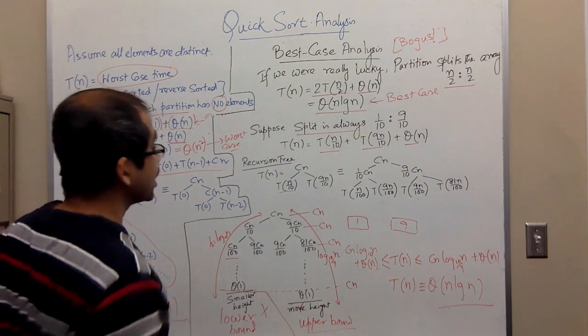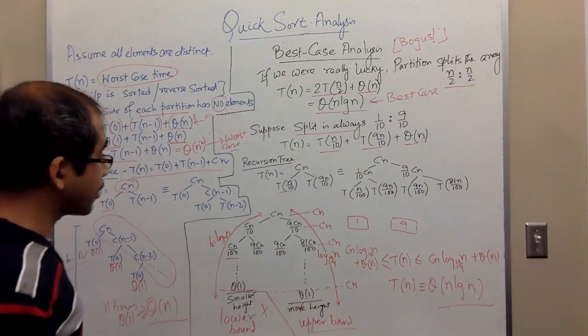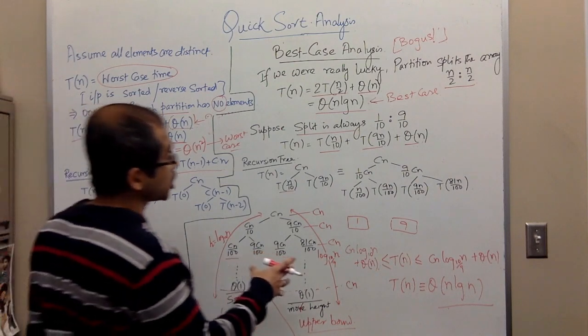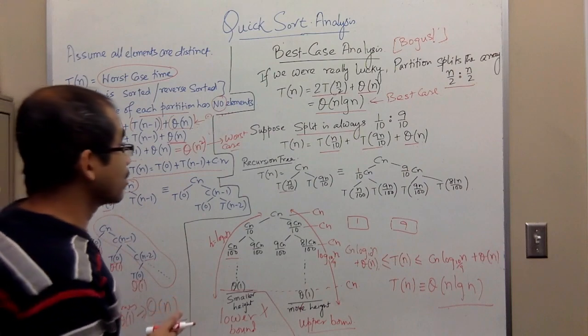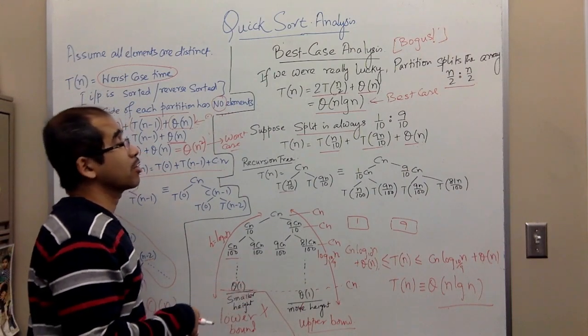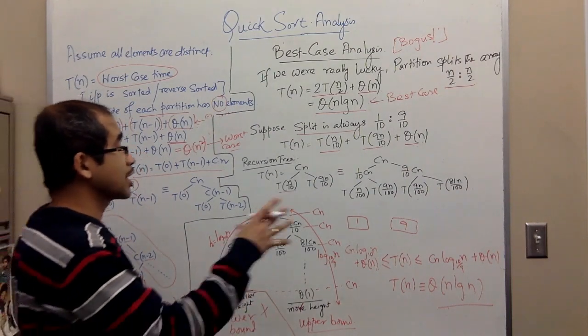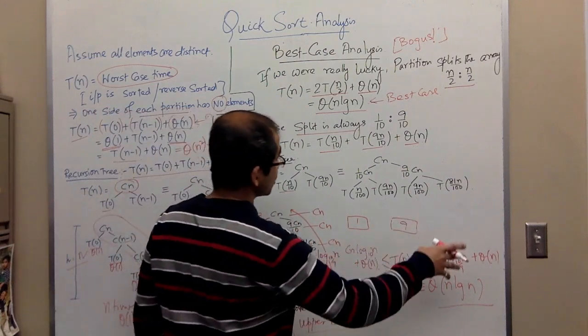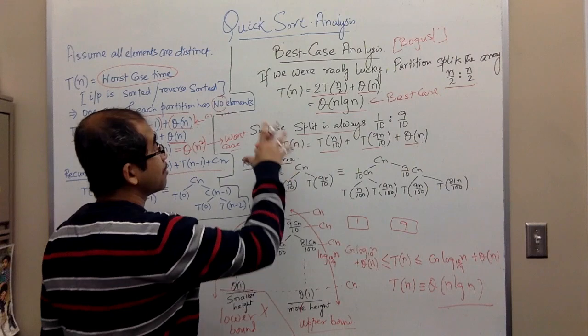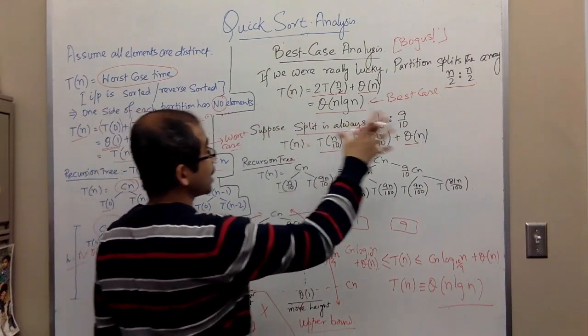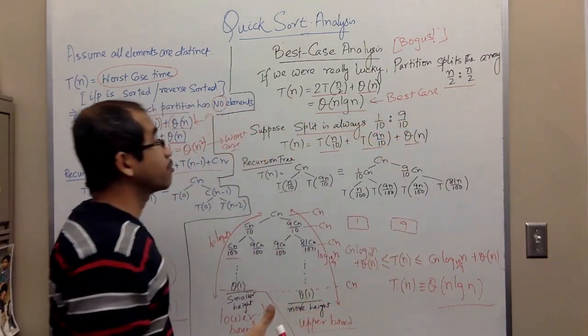So you can see, although this is a very skewed partition, where only 1 by 10th of elements are on one side of the pivot and 9 by 10, 90% of the remaining elements, are on the other side, still this is as good as the best case, n by 2, n by 2, half by half partition.